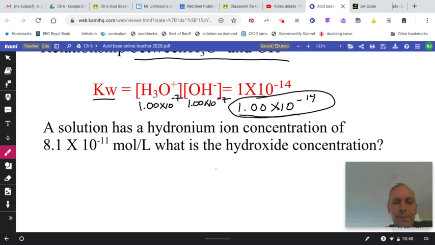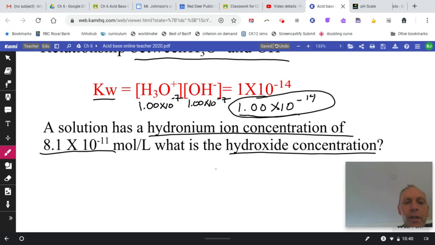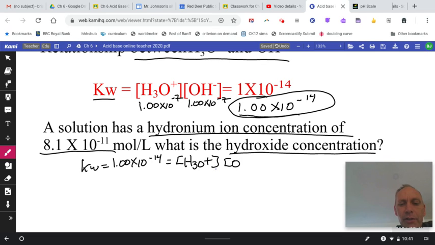So for example, if we have a hydronium ion concentration of 8.1 times 10 to the negative 11 moles per liter, we can determine the hydroxide concentration. So how would we do that? Well, we'll use our Kw, which is 1 times 10 to the minus 14 equals concentration of hydronium times concentration of hydroxide, and we want to solve for hydroxide.